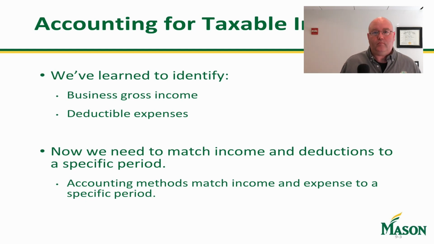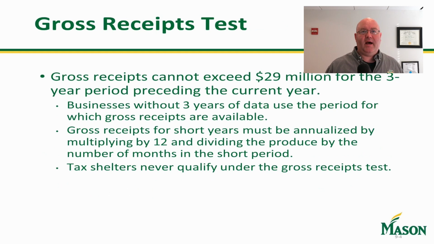Now, the way this gets done is that you first have to apply what's called the gross receipts test. There are basically three different methods you could use for doing your books. You could use the accrual system, the cash method, or hybrid.